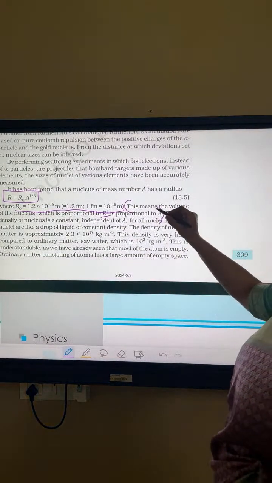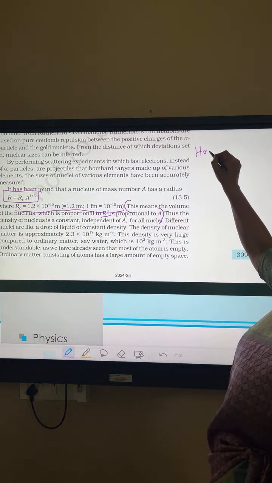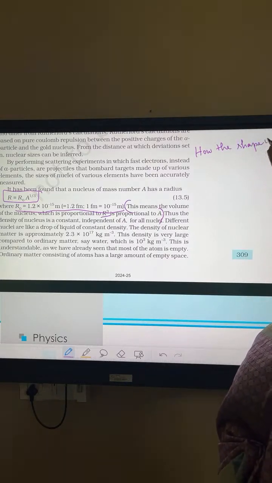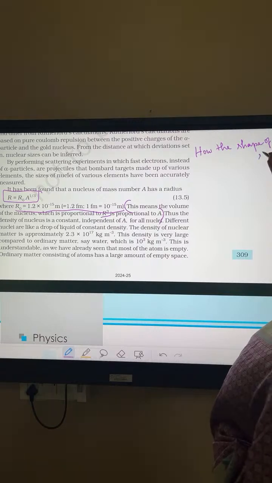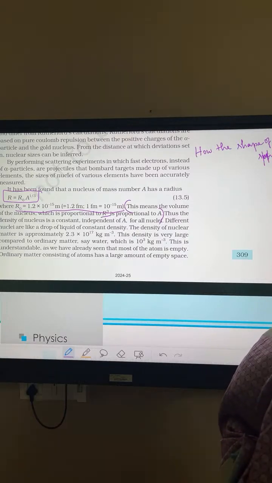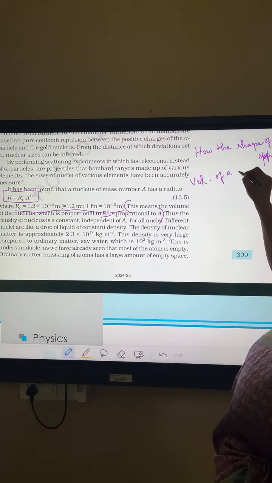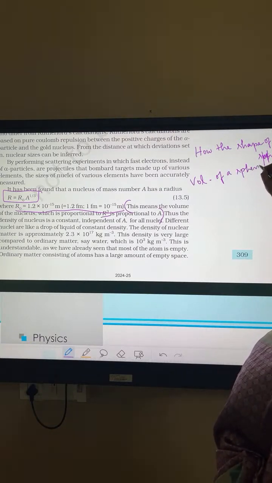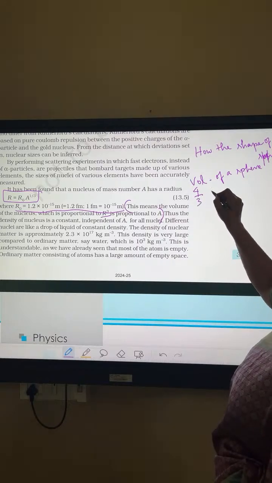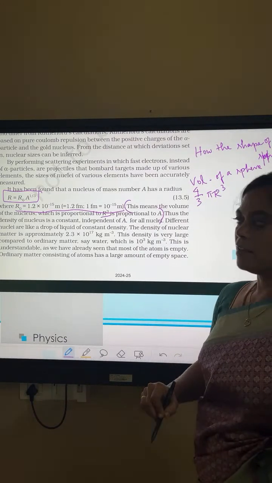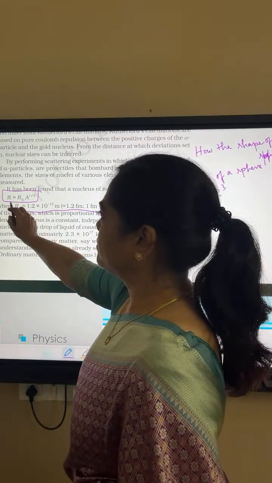Okay. So how will the shape of an atom be? Spherical. Very good. What is the volume of a sphere? 4 by 3 pi r cube. Clear? What is r here?